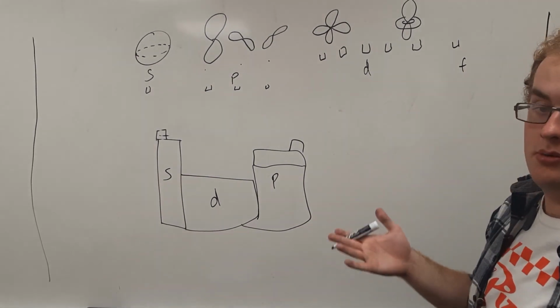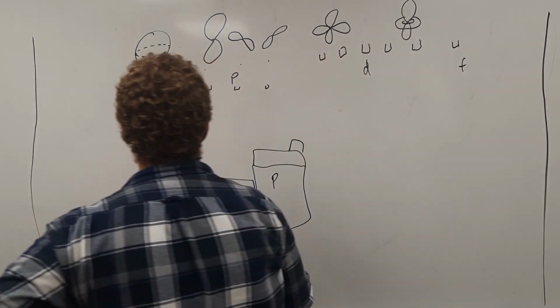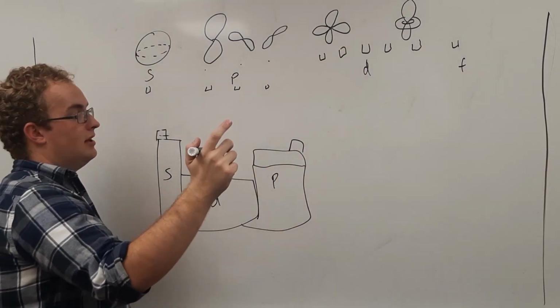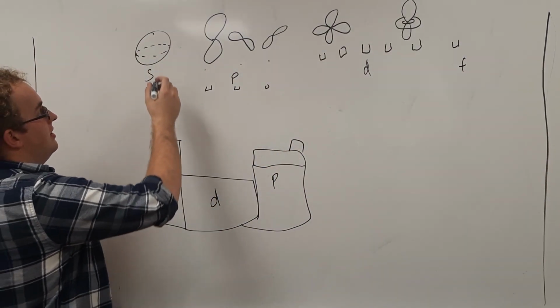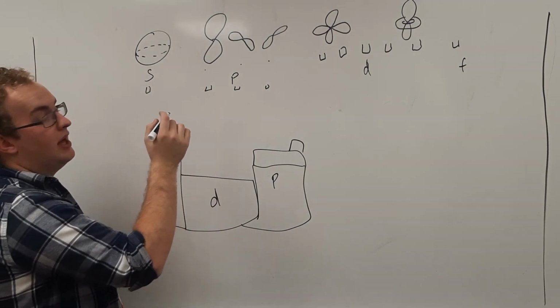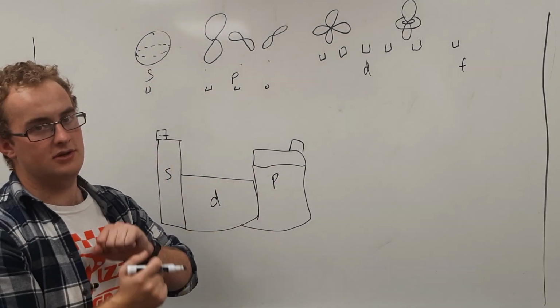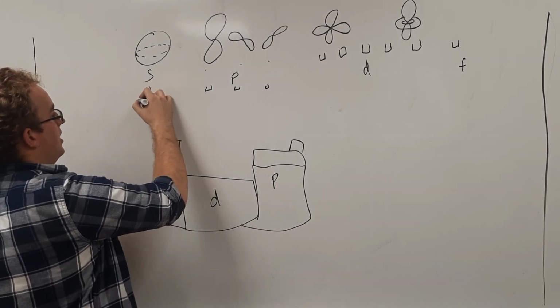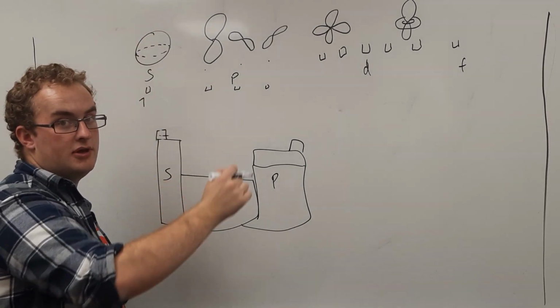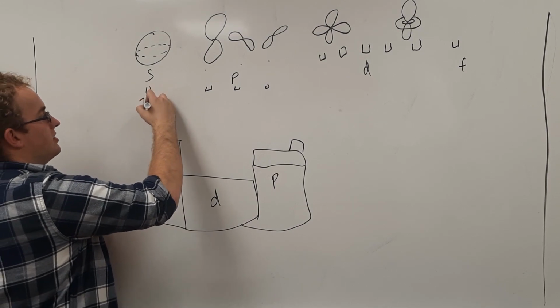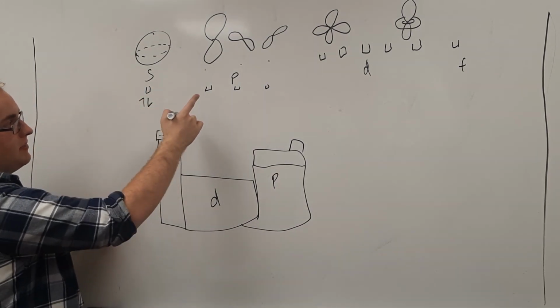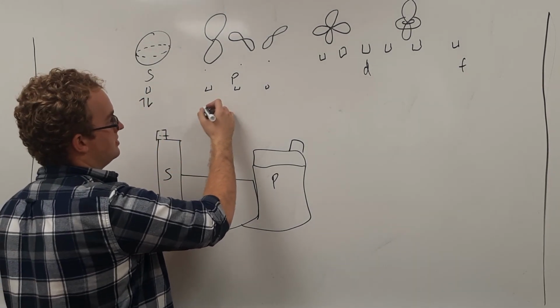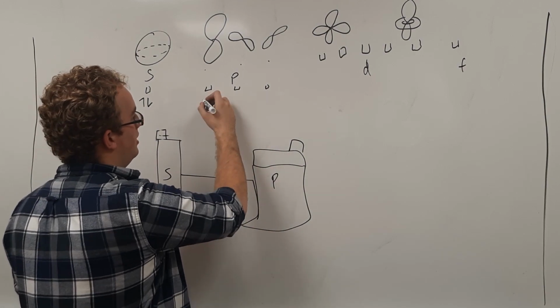Now, each orbital can hold 2 electrons. You can think of it as there's only space in there for 2 of them, and they have to be moving opposite to each other. They don't like being close to each other. So here we might have 1 electron doing a spin up, as we call it, and then another electron doing a spin down. And in p, we would also have 2 electrons in each orbital.